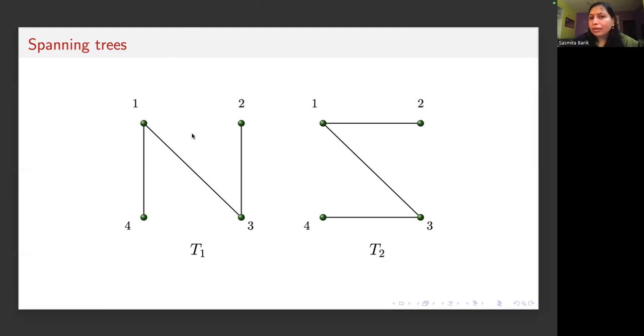This is one tree: I deleted the 1,2 edge and the 3,4 edge. And this is another tree, where I deleted the 1,4 edge and the 2,3 edge. I am counting both because I'm giving importance to the labeling. This is a path of order 4, and this is also a path of order 4, but its starting vertex is 4 here.